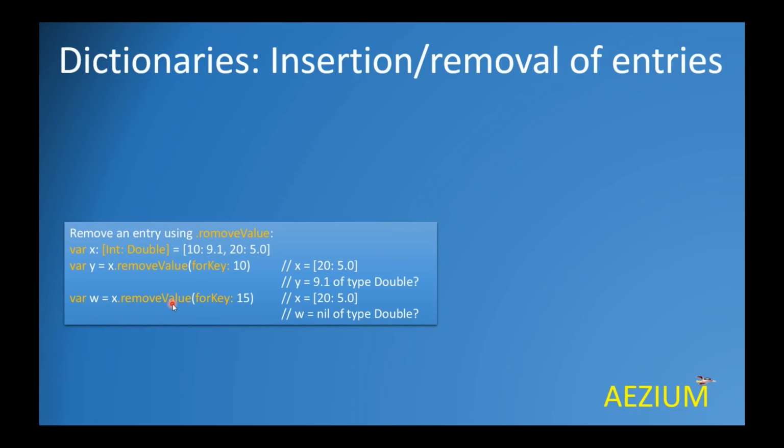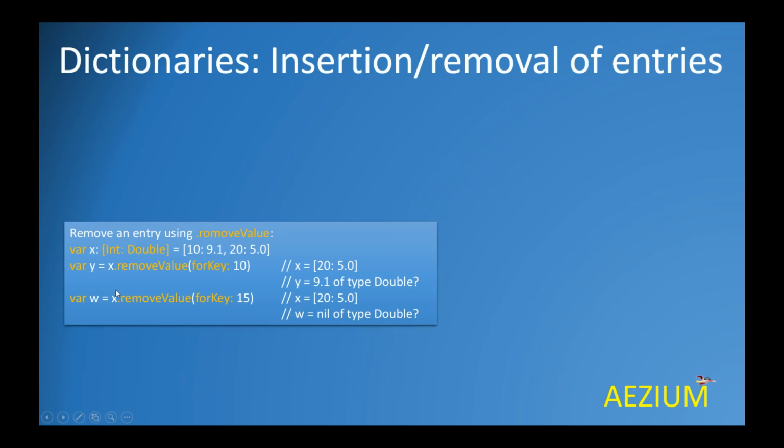To re-emphasize this optional nature of the return value, I'm showing another example where I'm trying to remove an entry from the dictionary whose key is 15. But as 15 is not a valid key, what is returned by this is going to be nil.